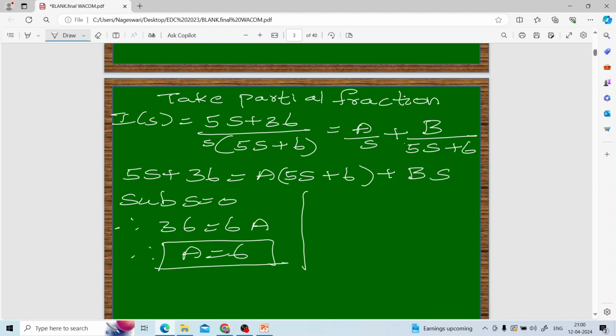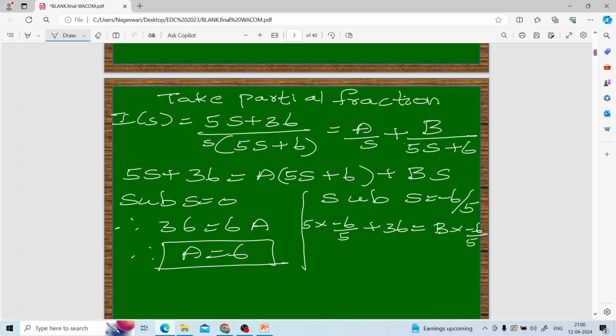Now the next one is substitute s is equal to minus 6 divided by 5. So therefore 5 into minus 6 divided by 5 plus 36 is equal to b into minus 6 divided by 5.